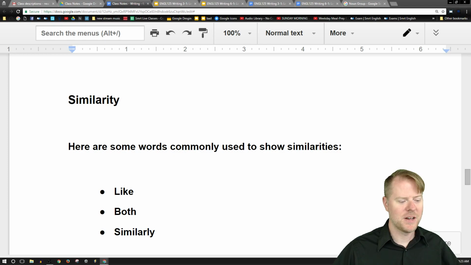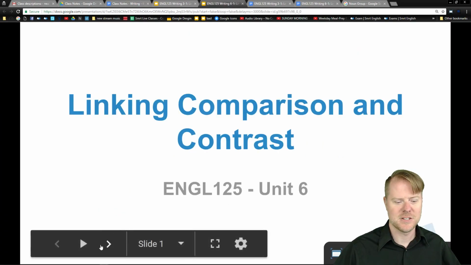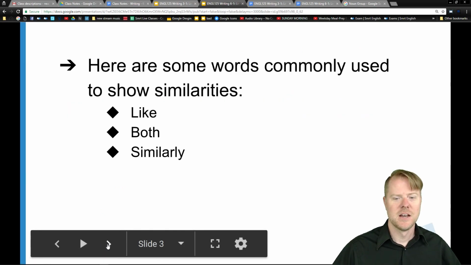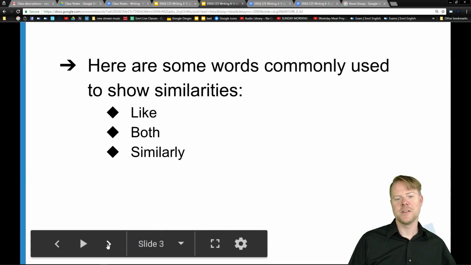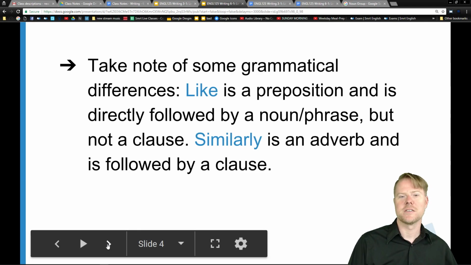We don't have a lot of time, but as quick as I can, I'm going to cover similarity. Let's see how far we can get in this. Here are some words commonly used to show similarities: like, both, and similarly. Take note of some grammatical differences. Like is a preposition and is directly followed by a noun phrase, but not a clause.